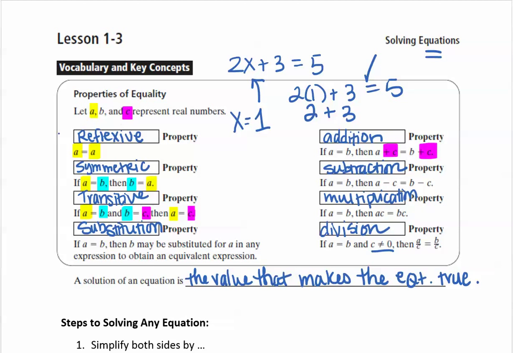You may recall that equations can have no solutions if there is no number. A good example of that would be x plus 3 equals x plus 5. For example, there is no number that when I add 3 to it, it will be the same as that number when I add 5 to it. It just does not work. This would be a case of no solution.